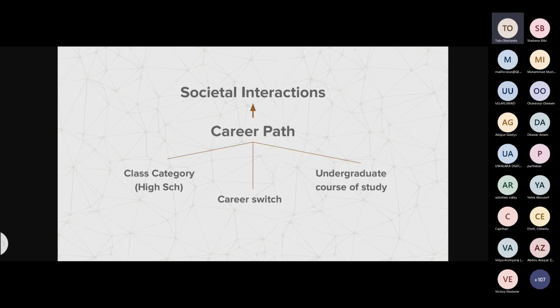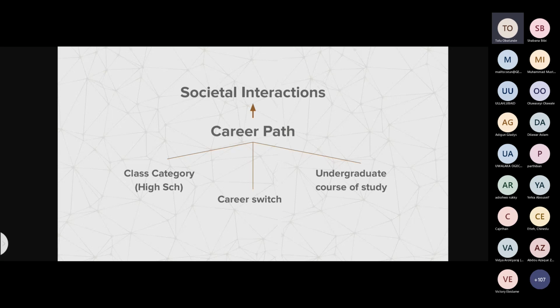All of these three things funnel to a solid and concrete decision that turns out to be what kind of career path you're going to be settling down with. And your career path also now funnels to your societal interactions.